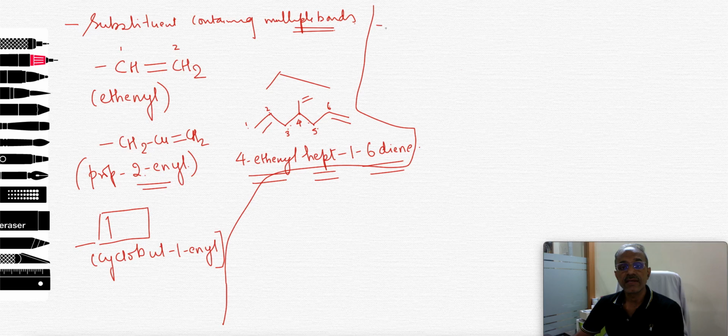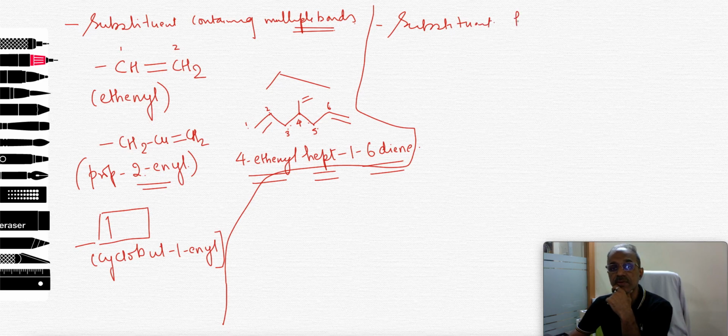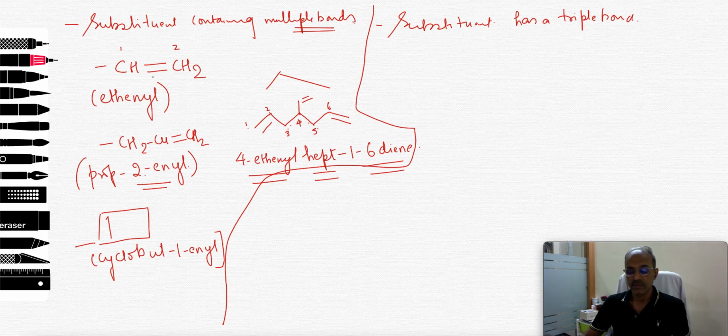If the substituent has a triple bond, similarly, if I say C triple bond CH, then it will be known as ethynyl.